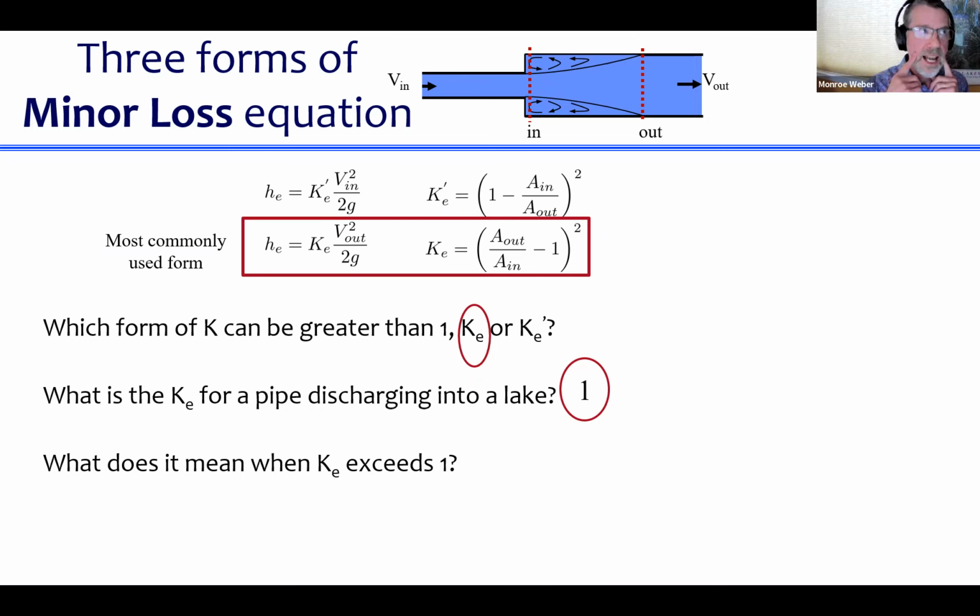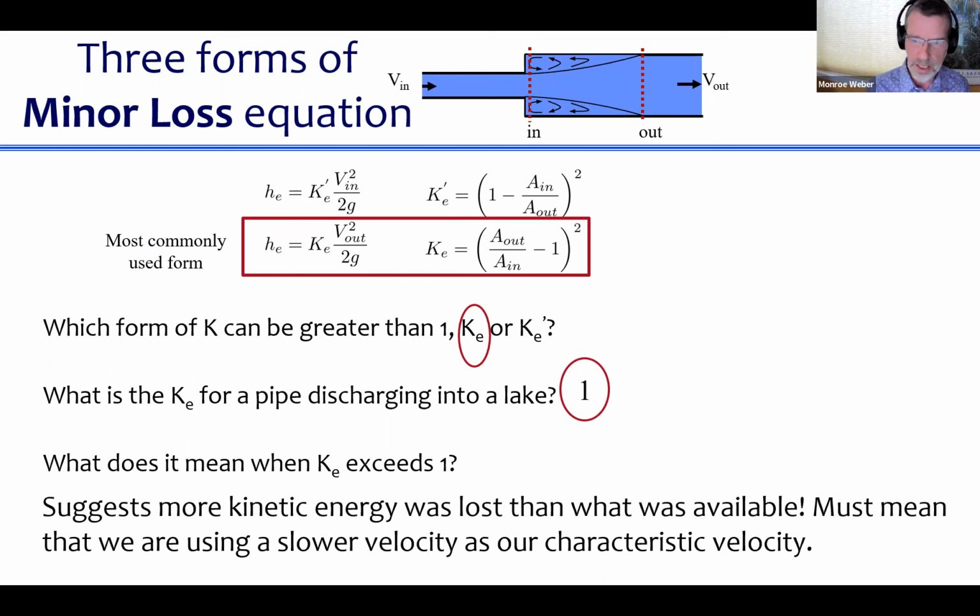Maybe we weren't using the velocity that was actually happening, because it wouldn't make sense to lose more kinetic energy than what's actually there. But if the V that was actually there was greater than the characteristic velocity that we were using to scale the K, we could have this apparent thing where KE can exceed 1. And this is actually very common. It means that we're using a slower velocity as our characteristic velocity than what's actually losing the energy.